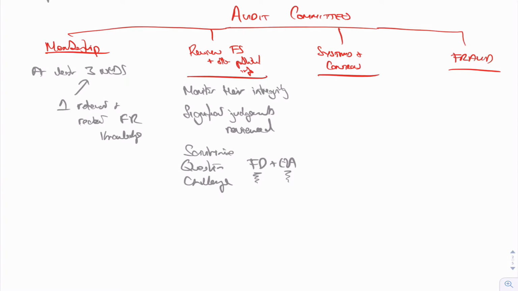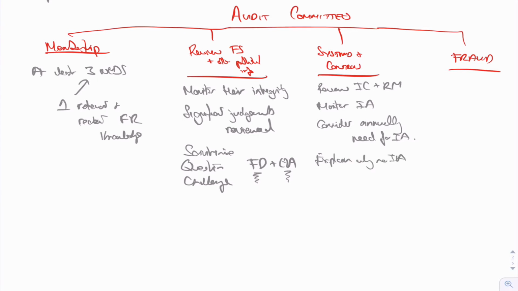Audit committees, obviously, systems and controls is important, so they want to review the internal controls and the risk management. They want to monitor the internal audit, make sure that they're doing their job. Not only are they doing their job, but do we really need to be spending money on them? So consider annually the need for internal audit, both if you have it and if you haven't got it. Okay, and then if you haven't got it, explain why no internal audit.